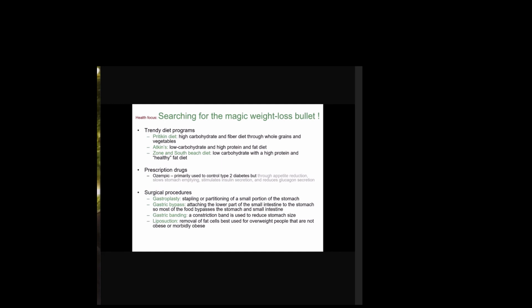So it makes sure that your stomach is full, but you can only absorb so much food before it goes into your large intestines for ultimate defecation. Gastric banding. Okay, again, reducing stomach size. And then we have liposuction, where they put a probe into the adipose tissue, the fat tissue, and then they warm the fat a little and then suck it out.